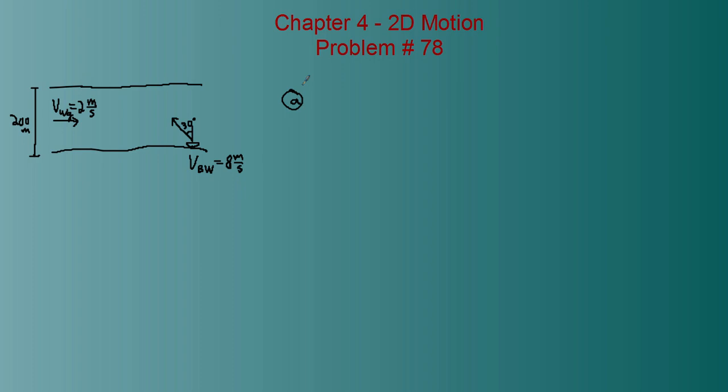So, two things to notice. We can, as we normally do with 2D motion, split up the motion into an x and a y component. So the y velocity is the 8 cosine 30 because it's adjacent to the 30, and the x is 8 sine 30.